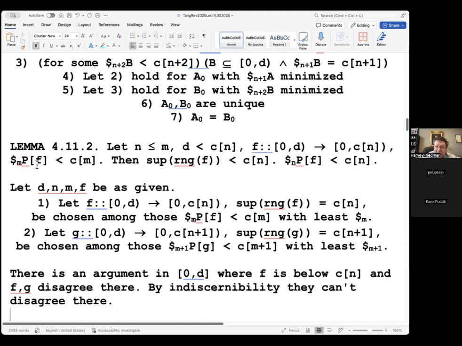And what do I mean by handling a function? I just mean handling the forward image of the function under the pairing function. See, we only handle one-dimensional sets here. It's only one-dimensional sets that are being handled.